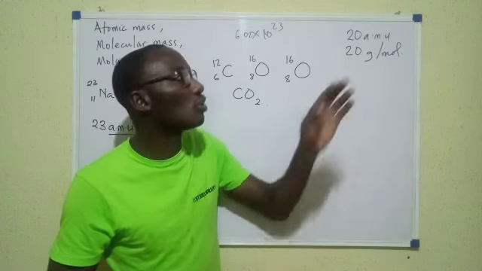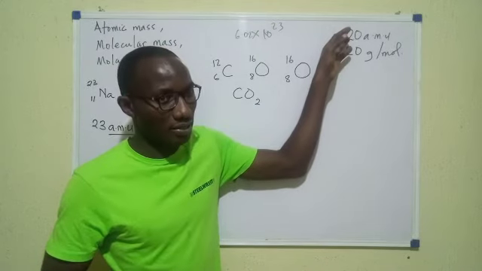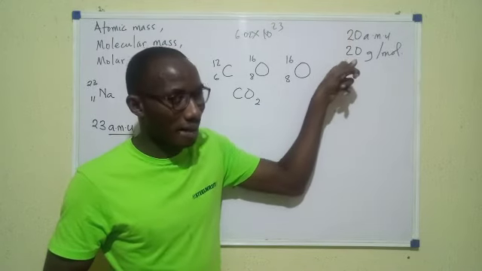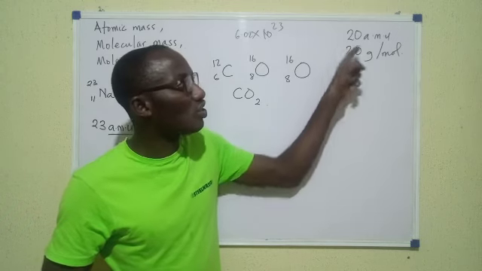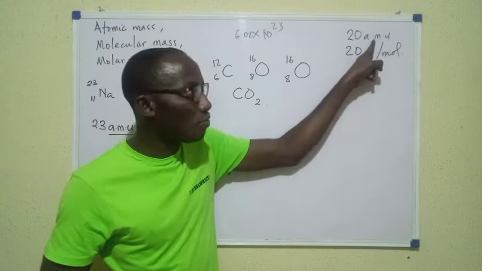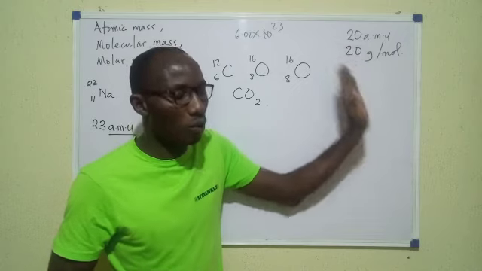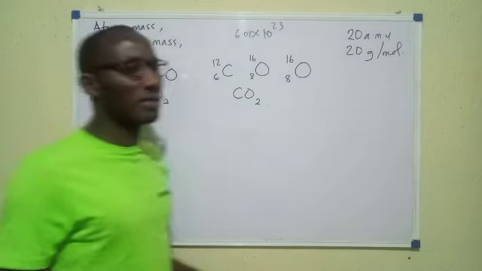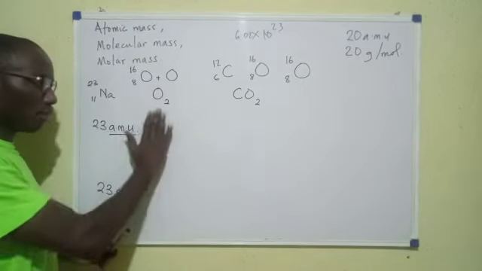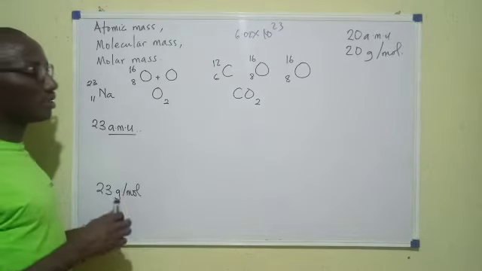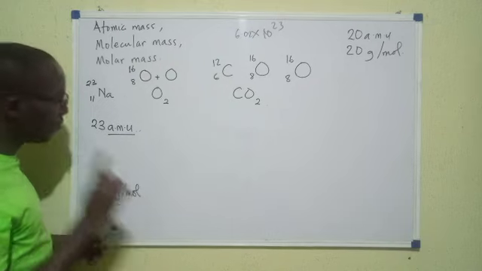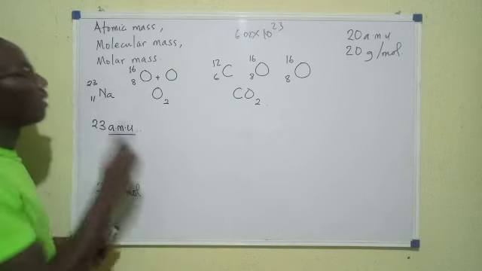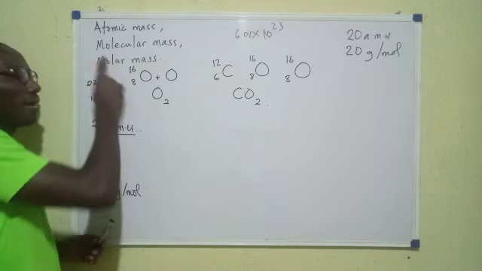Now, basically, once you know atomic mass or molecular mass, once you know any of them, just change its units from AMU to gram per mole, and what you have is molar mass. So come to CO2. I will use oxygen as the last. For CO2, can it have atomic mass? No. But can it have molecular mass?